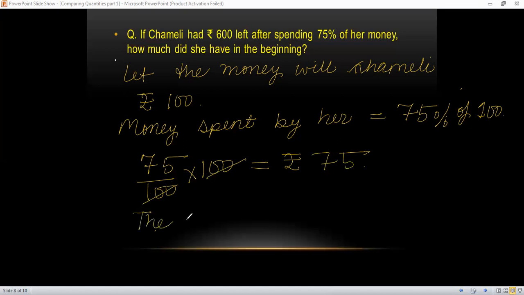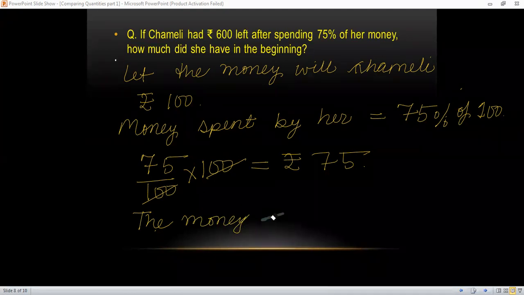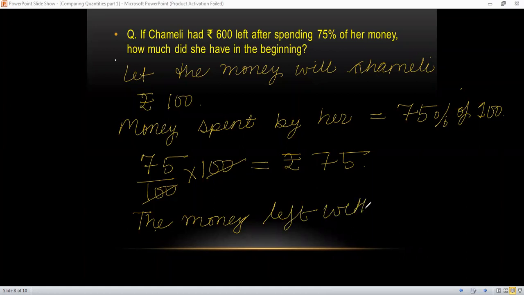Now the money left with her. What we have assumed is that she is having 100 rupees in total.